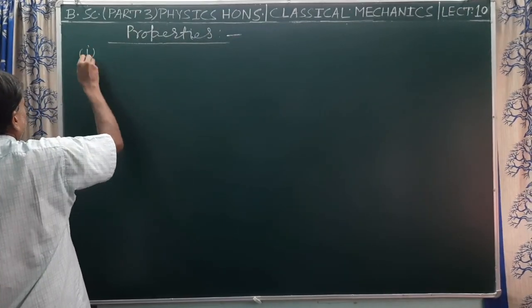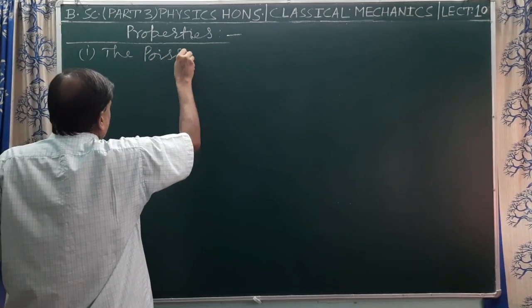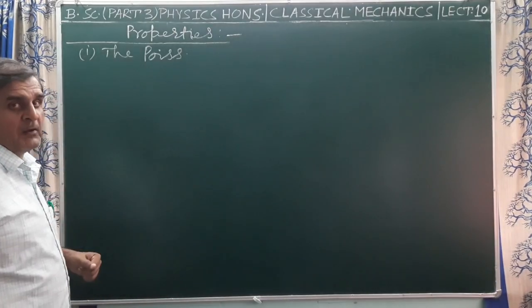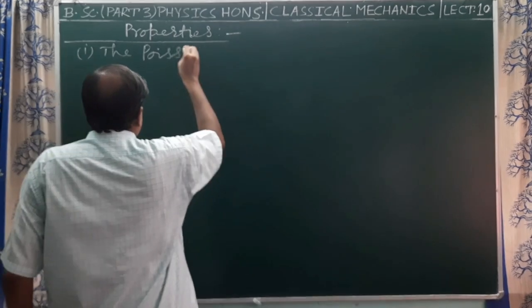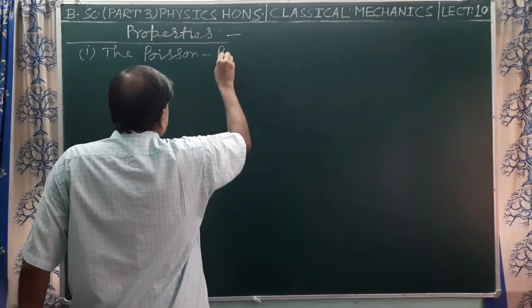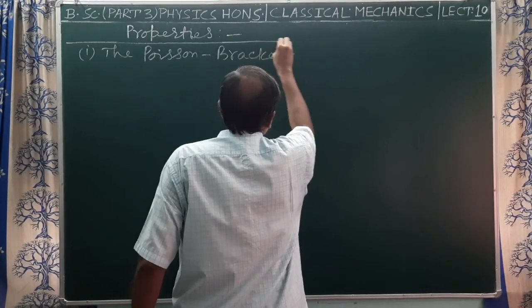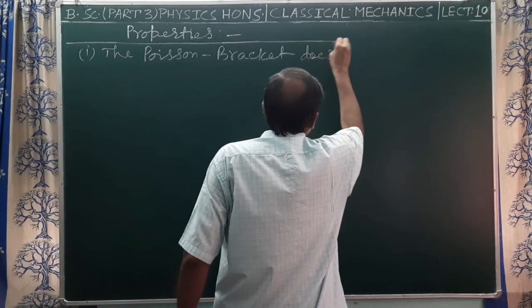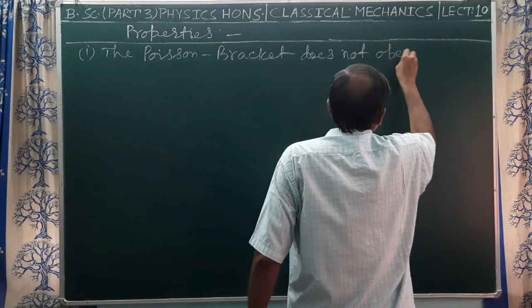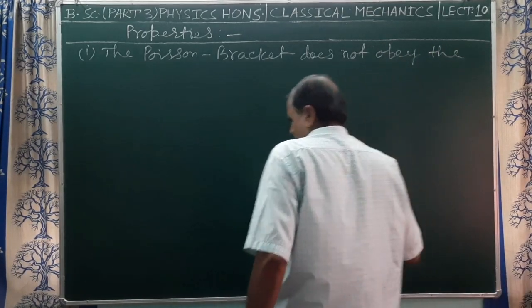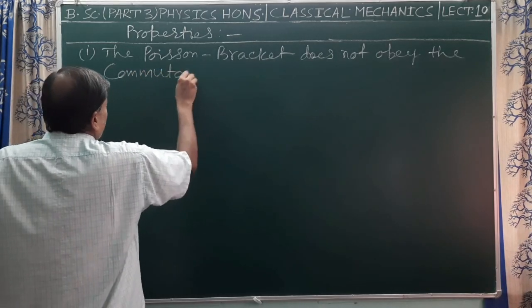Write down: the first property of the Poisson bracket is number one, the Poisson bracket does not obey the commutative law of algebra.